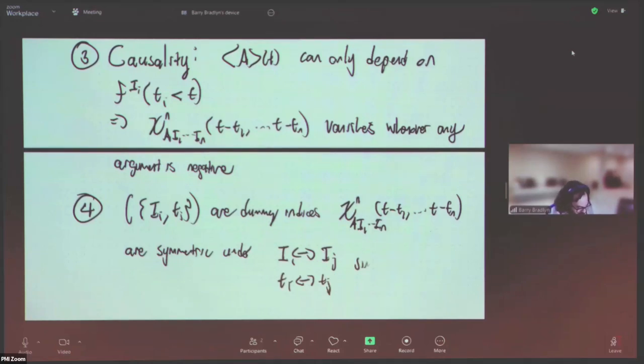And this is not super important for linear response, but it is something that is important to keep in mind for generalizing some of the things that we're going to do to nonlinear response.